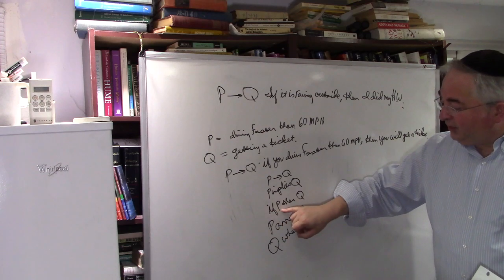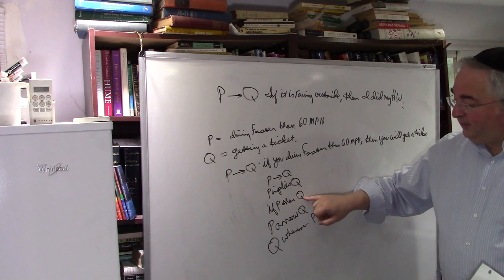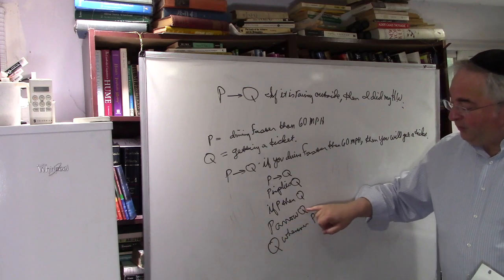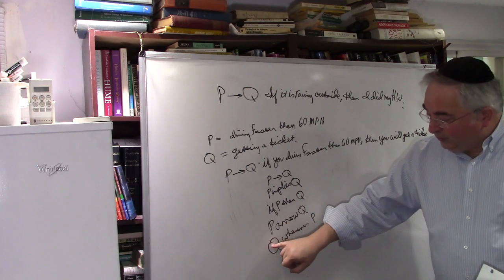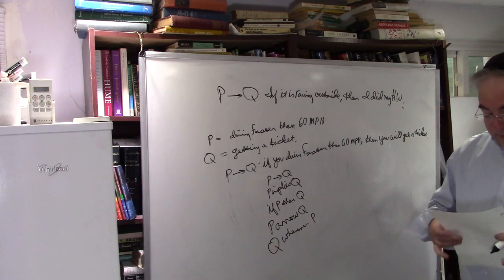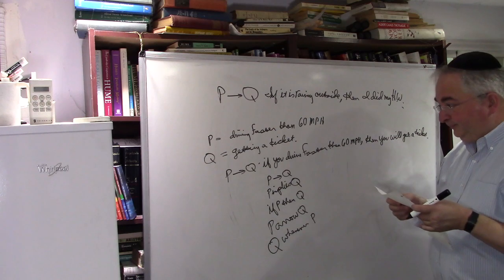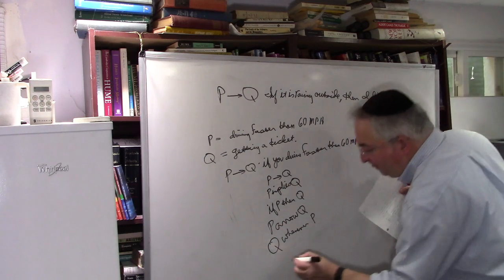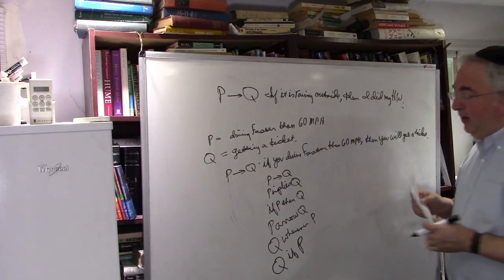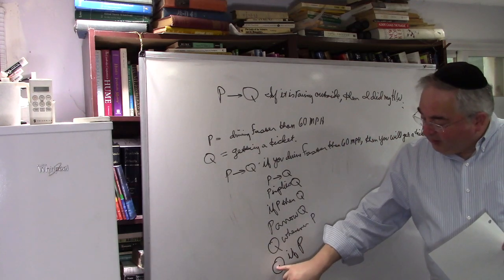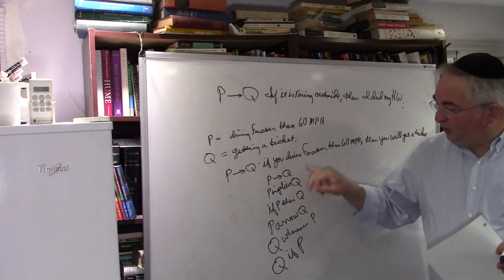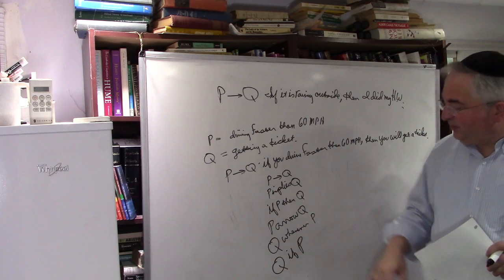If you don't clean up your room, then I will get angry at you. If you don't clean up your room, arrow, I will get angry at you. I will get angry at you whenever you don't clean up your room. One more: I will get angry at you if you don't clean up your room. So that's six ways of saying it.